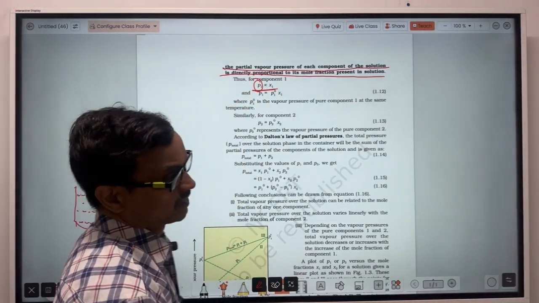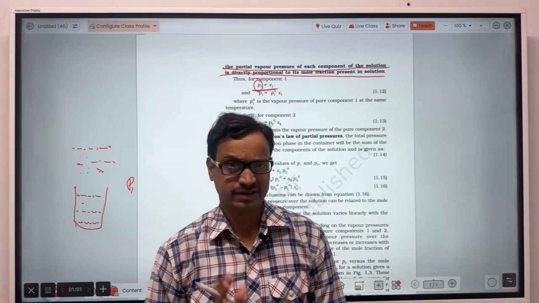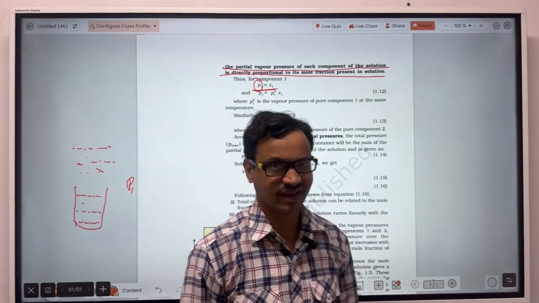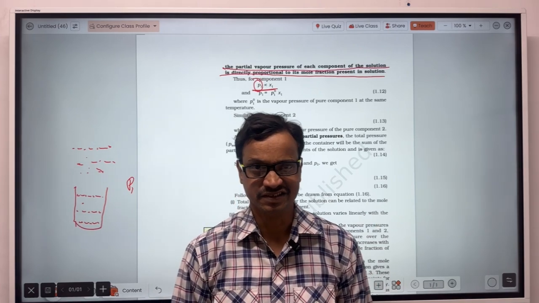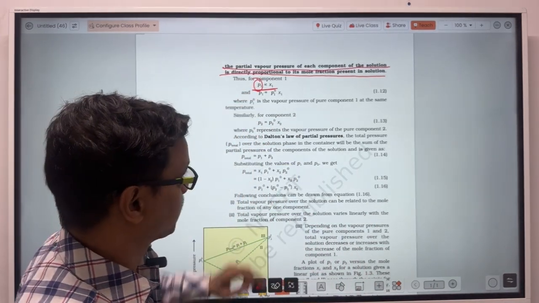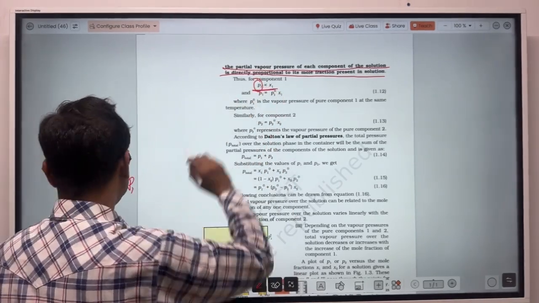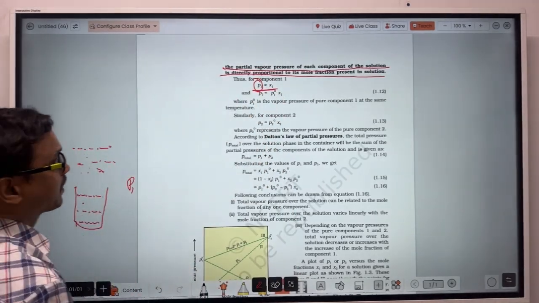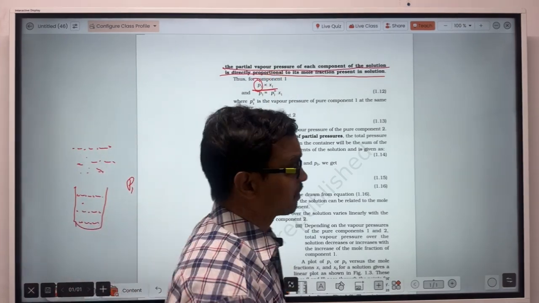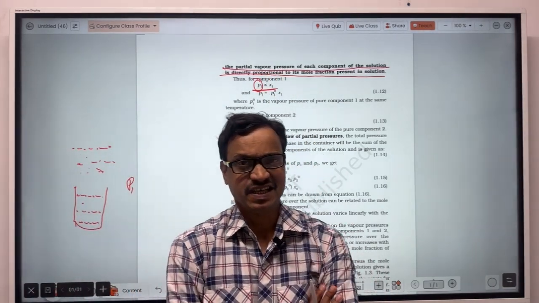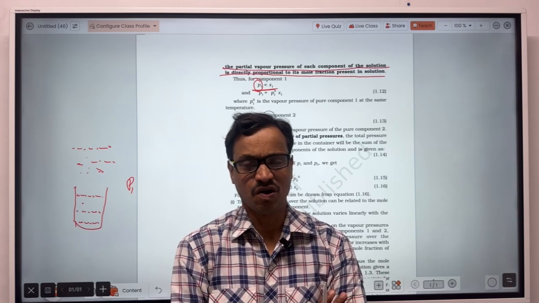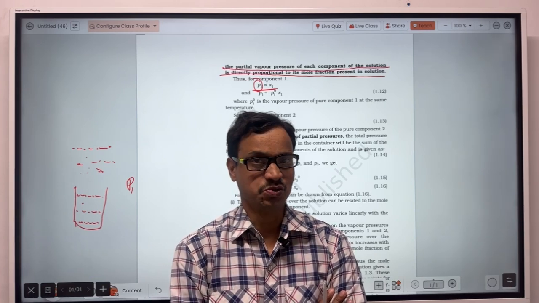in the solution. Keep in mind, guys, this one is very important, and watch out for this one sincerely. The partial vapor pressure of liquid 1 is directly proportional to the mole fraction of that liquid in the solution.